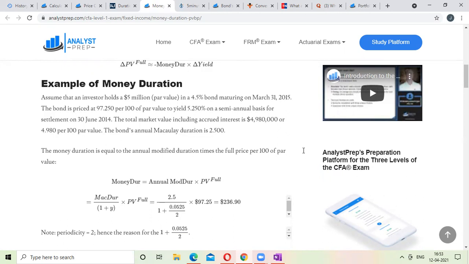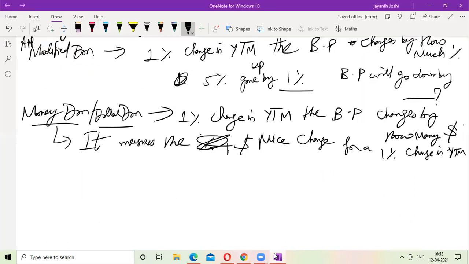So they are asking the bond's annual modified duration. They have already given the Macaulay duration, because if you want to find out the money duration, you want modified duration. So आपको Macaulay duration दिया हुआ है.